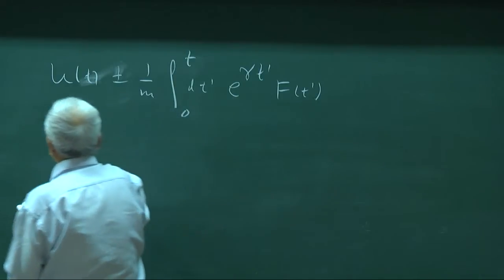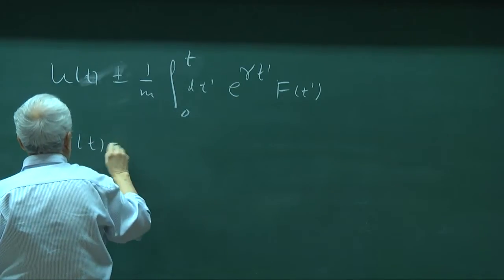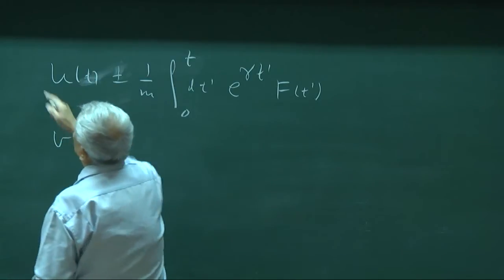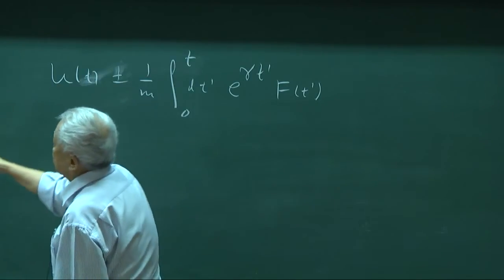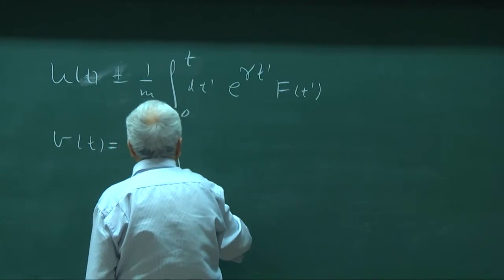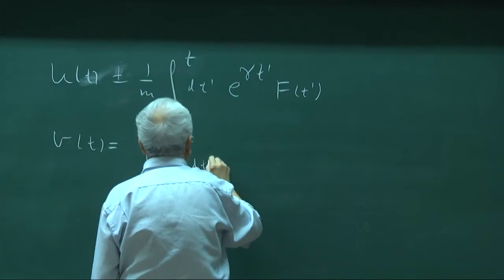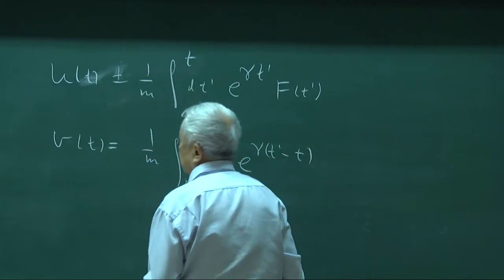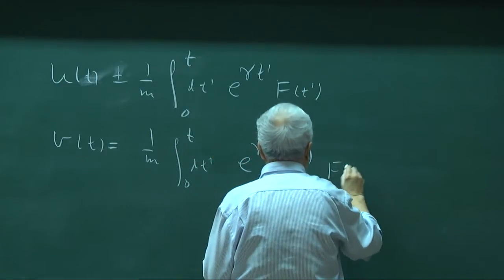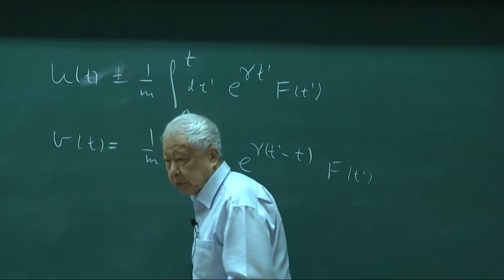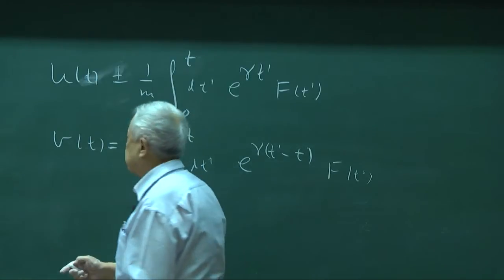On the other hand, v of t using that definition is just 1 over m, integral from 0 to t dt', e to the gamma (t' minus t) times f of t'. So I have a solution for v of t. Now just multiply by f.